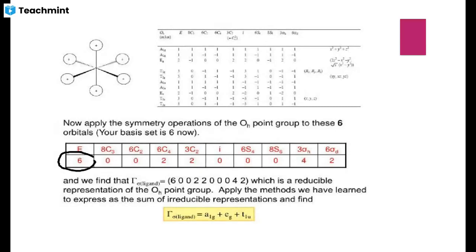Then you do the C3 symmetry operation. This is how an octahedral looks, so C3 is like this. If you perform the C3 axis, all orbitals change their position, so 0, and we count the unshifted ones.